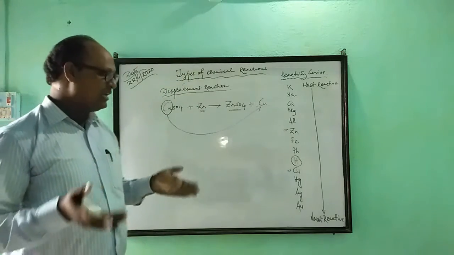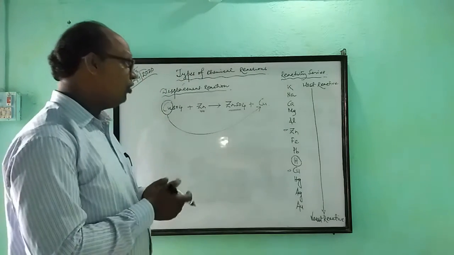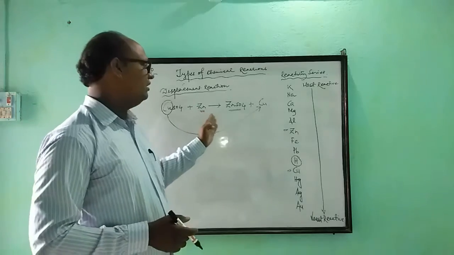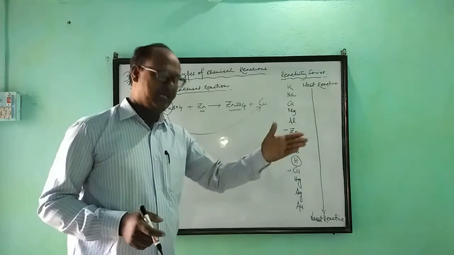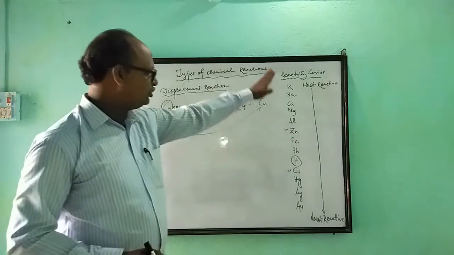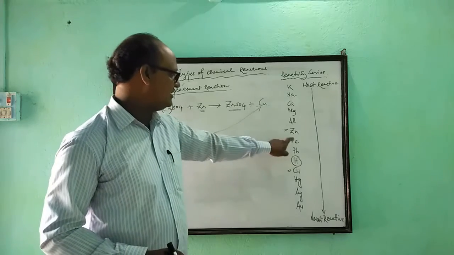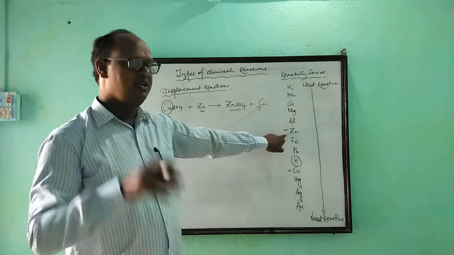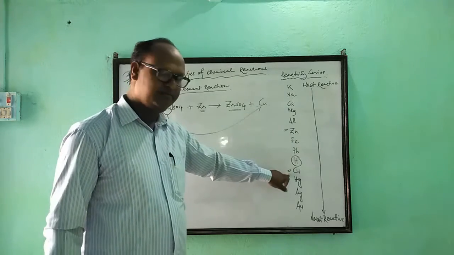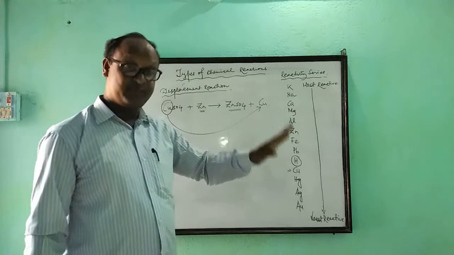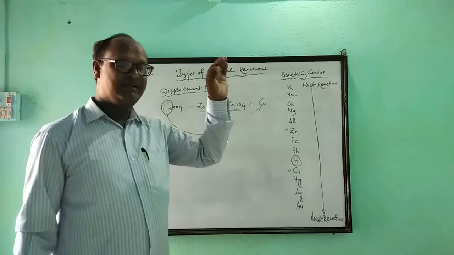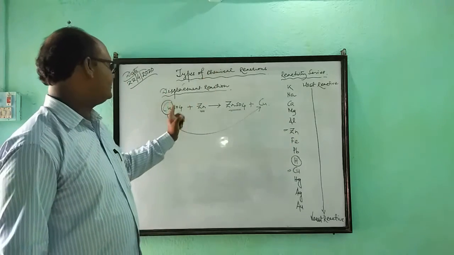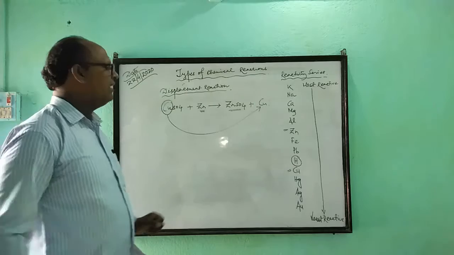How can you imagine or know what metal displaces what metal? Here the position of zinc in the reactivity series is before copper. That means zinc is more reactive than copper. That is why zinc can displace copper from any salt. This is a copper sulfate salt.